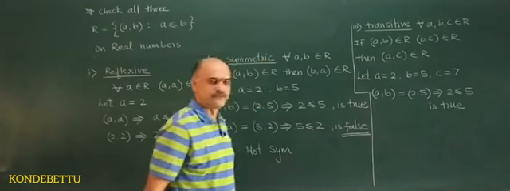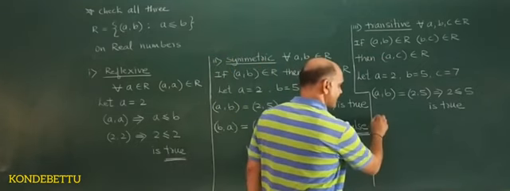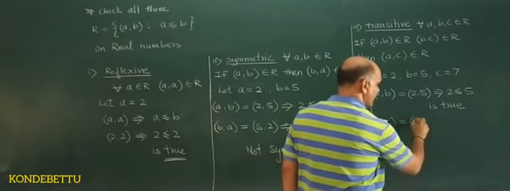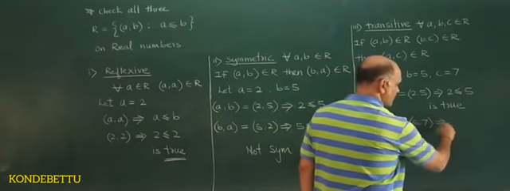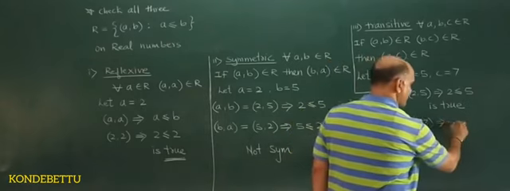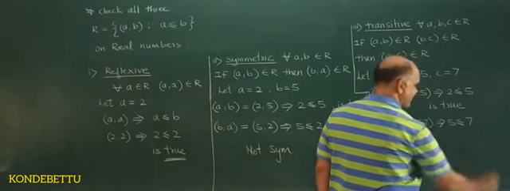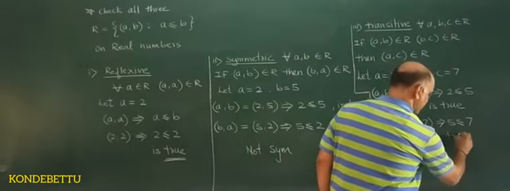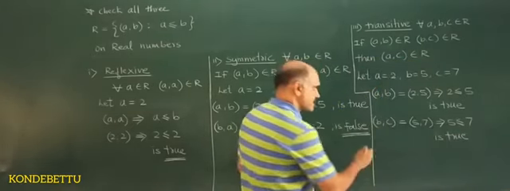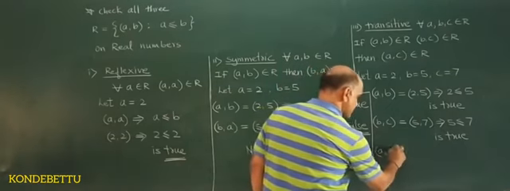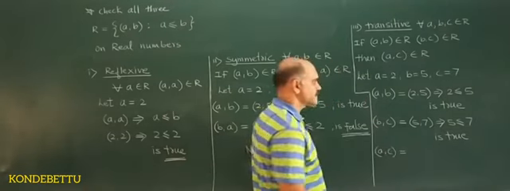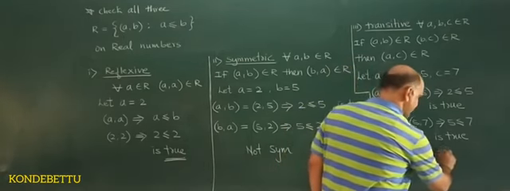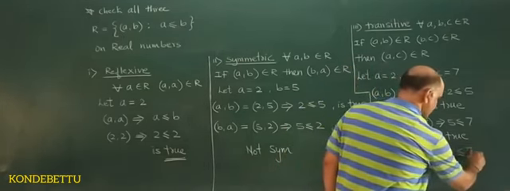Similarly, second, (b, c) means (5, 7), this implies 5 is less than or equal to 7. This is also true. Third, (a, c) means (2, 7), which implies 2 is less than or equal to 7.